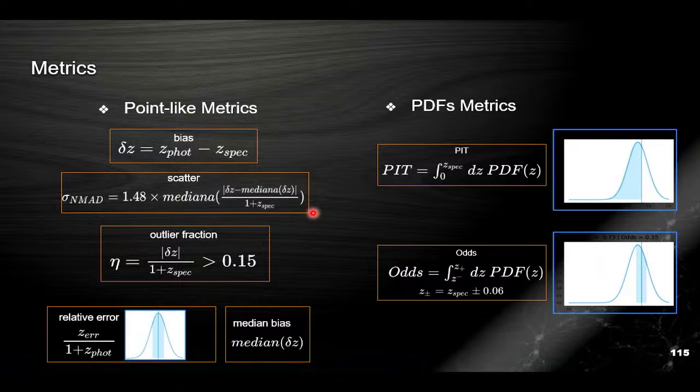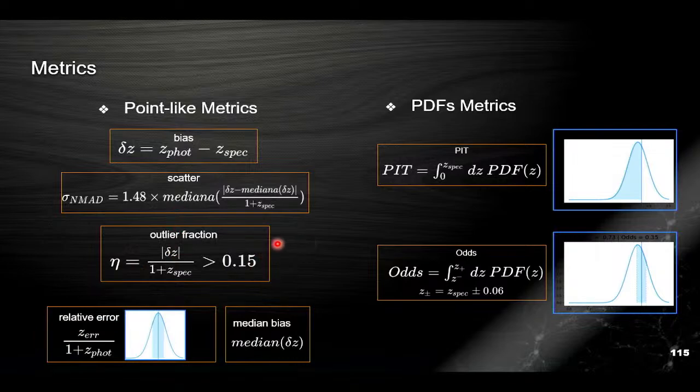You can always do other different machine learning stuff to derive some sort of errors, but this one is a direct attempt at building a PDF for each of the galaxies. So you can now have your point-like metrics on your photo Z, which are most commonly the bias, the sigma and MAD, which is a dispersion measurement, the fraction of outliers, and so on.